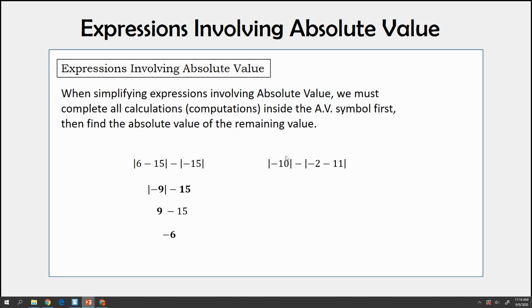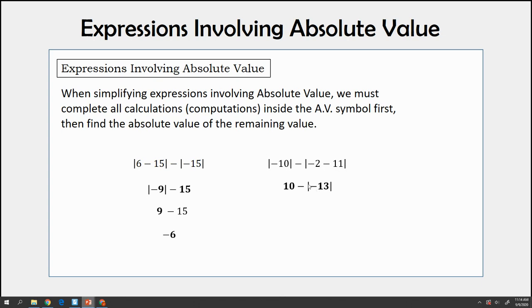The first one is just a single number inside there, so I can execute that one right away. The absolute value of -10 is 10. The absolute value symbol is now gone. We've answered that question: how far from 0 is -10? It's 10. Here now, though, I have an operation to perform inside this absolute value, and I have to do that before I take any absolute value of it. So -2 minus 11 is -2 plus -11.